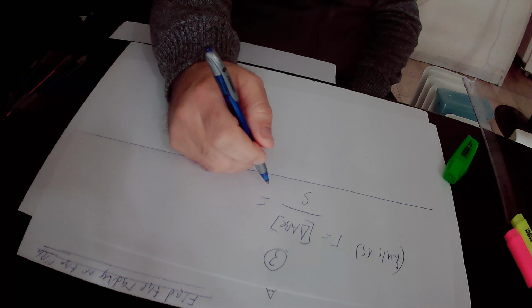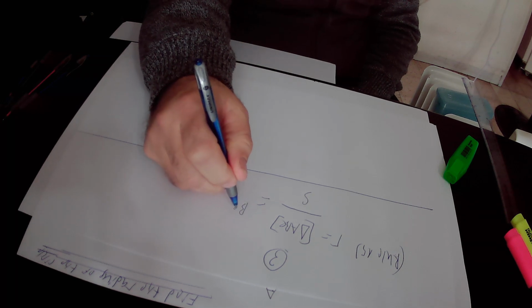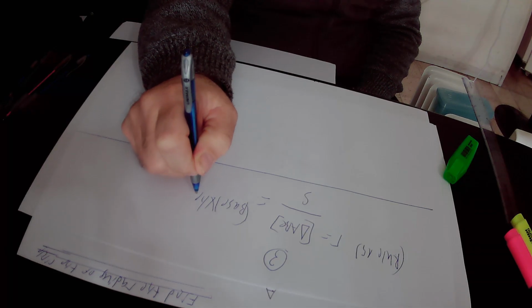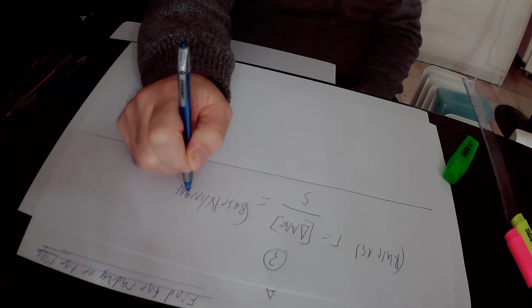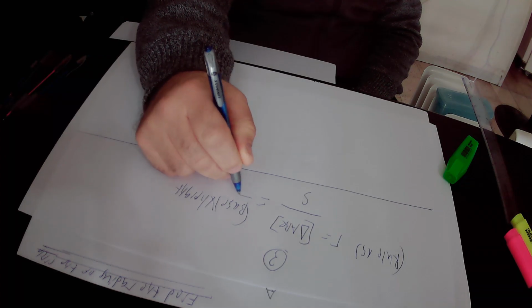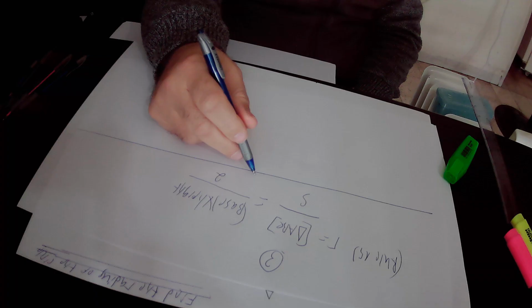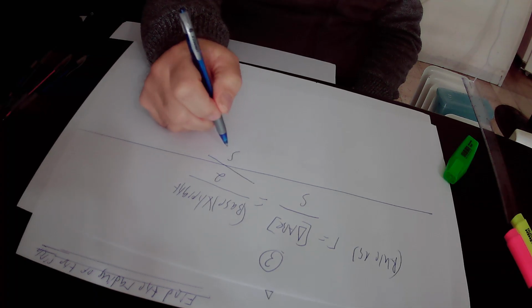The area of any triangle is equal to the base of the triangle times the height to the base over 2, all divided by S, that is the semi-perimeter of triangle ABC.